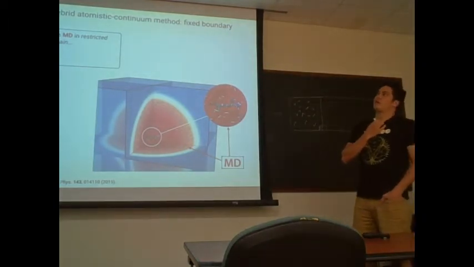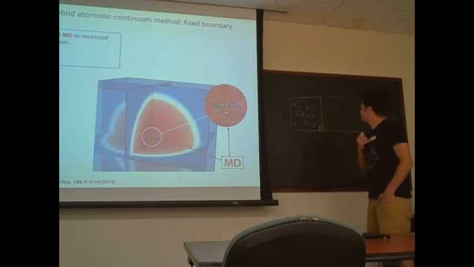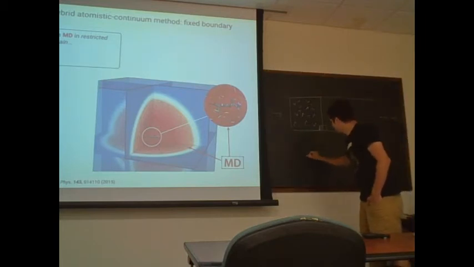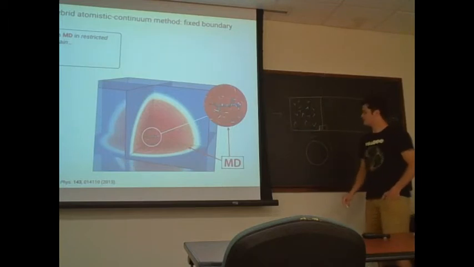So there are lots of different approaches. One that people do all the time because it's easy is, actually this seems like a really bad idea for this pipe flow problem, what I'm about to say. But let's just say I have a molecular region and some kind of boundary overlap region. Then what they do is just kind of trap the particles in this region with a soft potential.